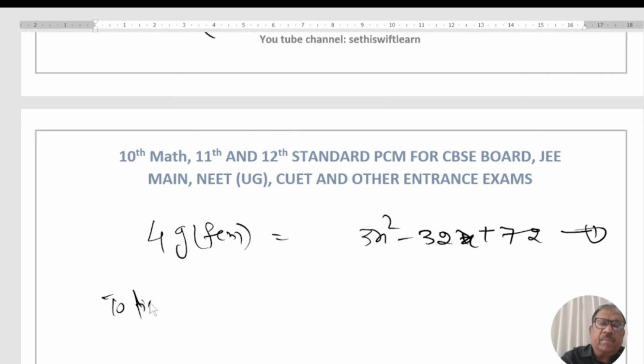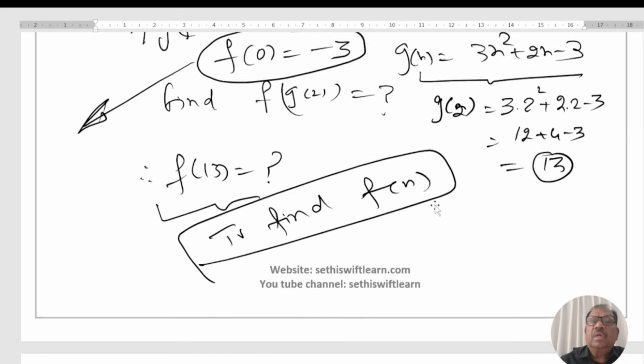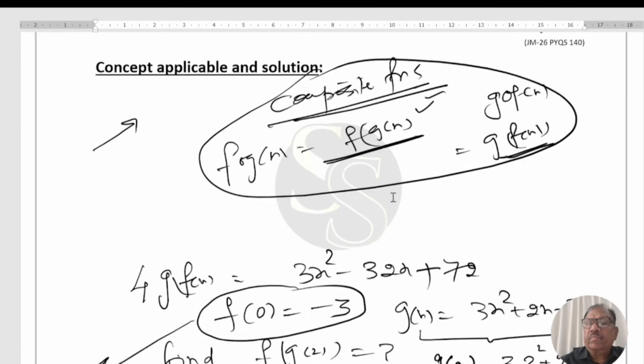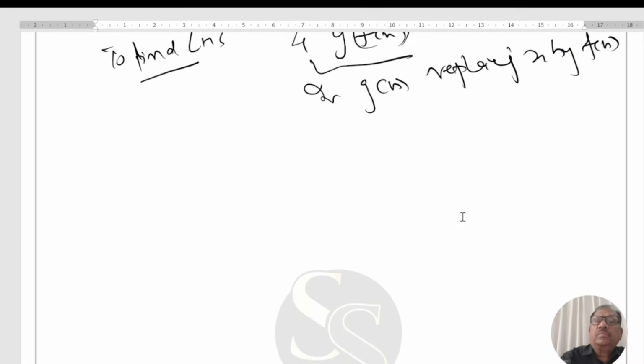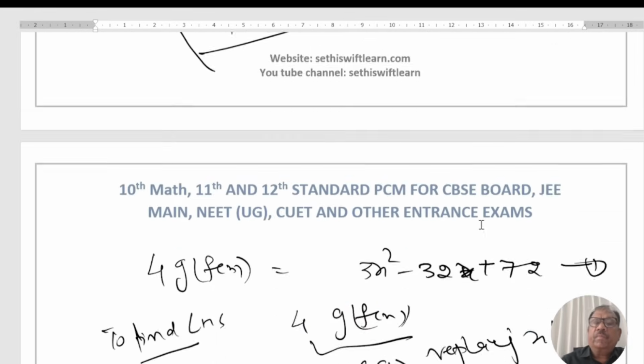Now to find the left hand side, 4g(f(x)) means in g(x) replacing x by f(x). g(x) is 3x square plus 2x minus 3.